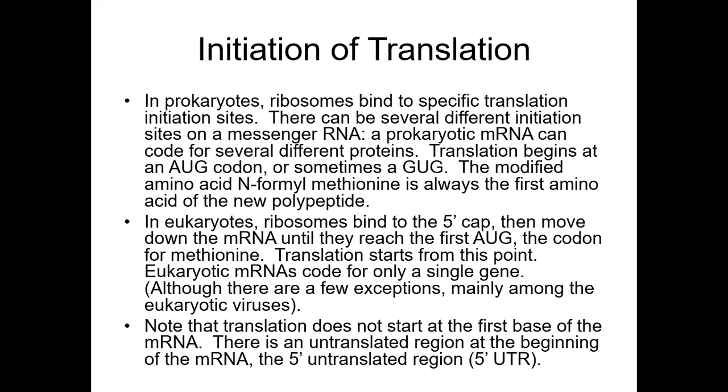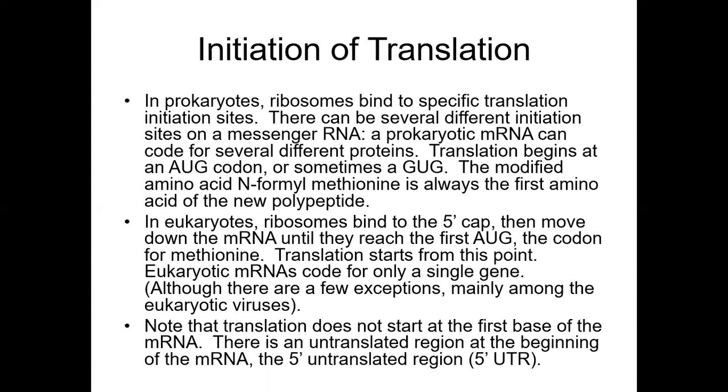Translation begins at the AUG codon, or maybe it can start at the GUG codon. As we have discussed in the genetic code, there are 64 codons, and out of those, 3 codons are nonsense codons that stop the translation process, and one codon is a start codon that starts the translation process.